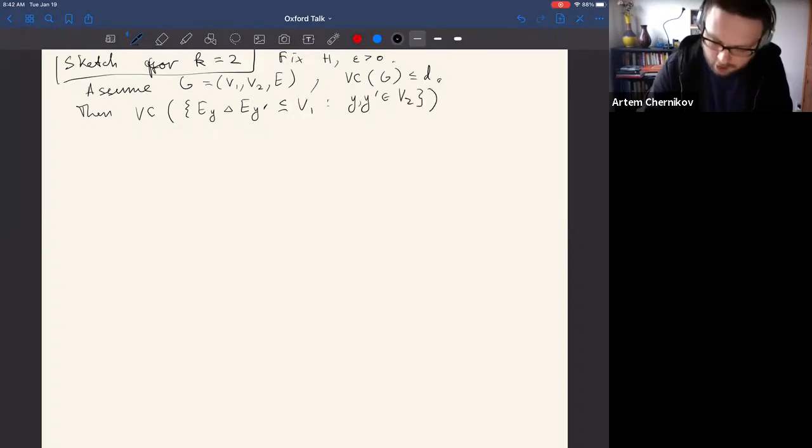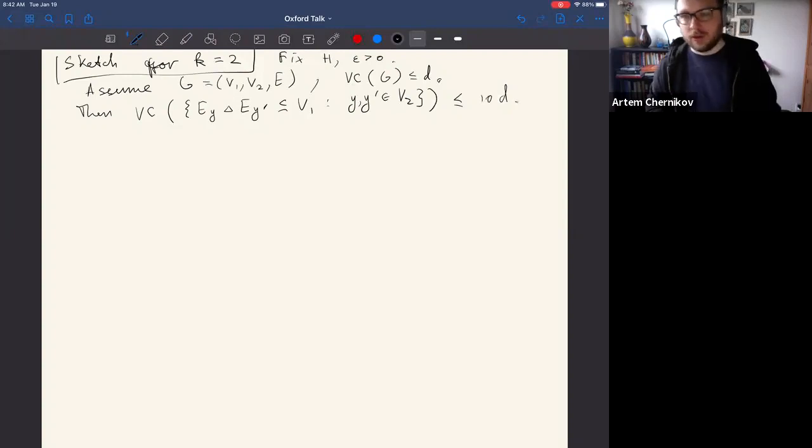The VC dimension of the family of symmetric differences can be estimated by the VC dimension of the original family, so something like 10D should be sufficient. Maybe it's not optimal, but certainly enough.